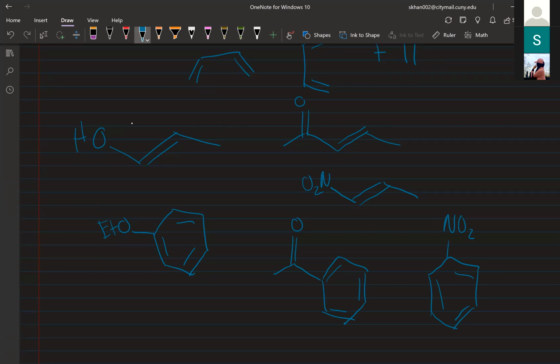So the thing with electron donating and withdrawing groups is all about what they're doing in terms of electron density. On the examples here, on the left-hand side, let's start with the vinyl alcohol. Remember, oxygen has lone pairs on it. Somebody asked this yesterday, and hopefully this clarifies it for them.